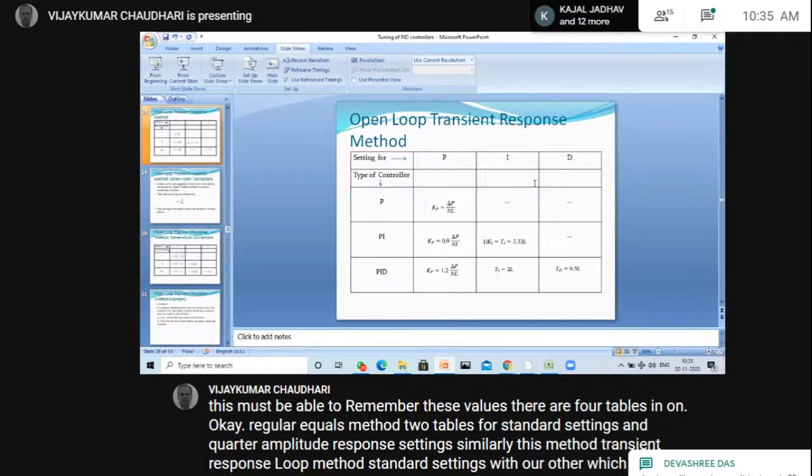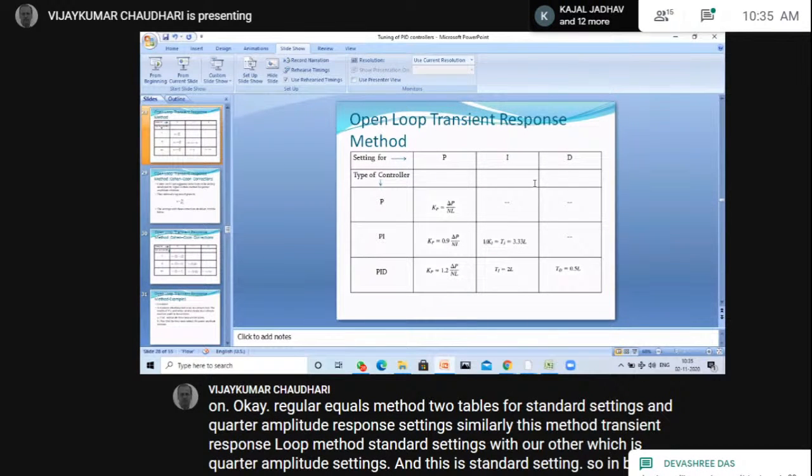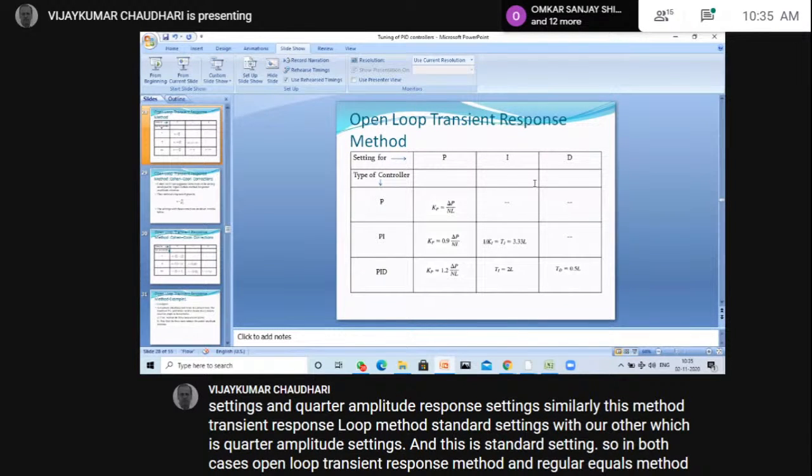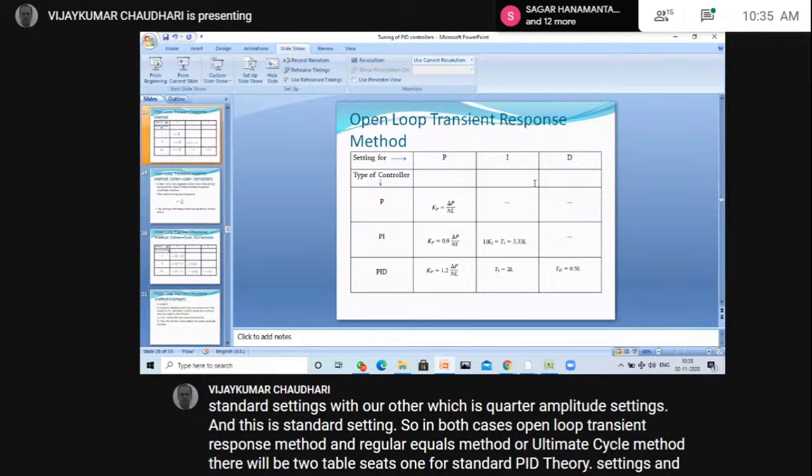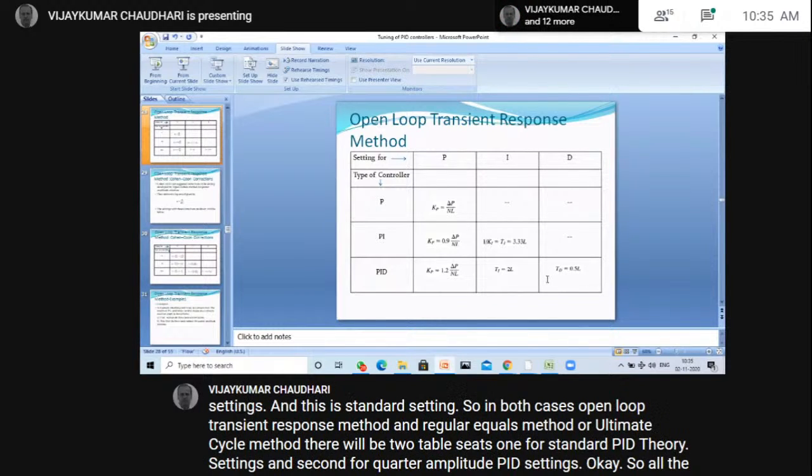So in both cases, open loop transient response method and Ziegler-Nichols or ultimate cycle method, there will be 2 tables each, one for standard PID settings and second for quarter amplitude PID settings. So you have to remember them if a numerical problem is asked on this part.